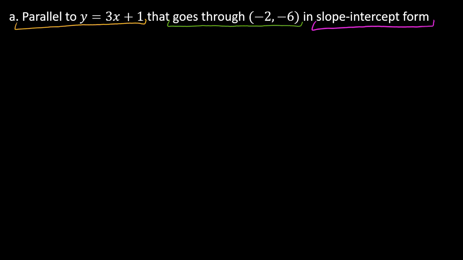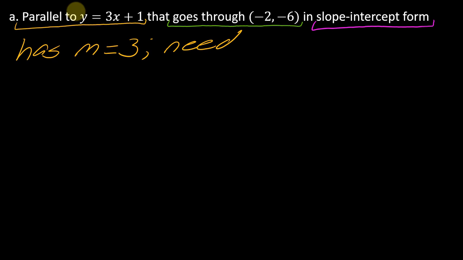Okay, so let's start off by talking about making a line that's parallel to y equals 3x plus 1. The thing that I want to note before anything else is what slope does this line have? This line has the slope 3, right? So 3x plus 1, this will just be 3. And what I want is to figure out what slope I need.